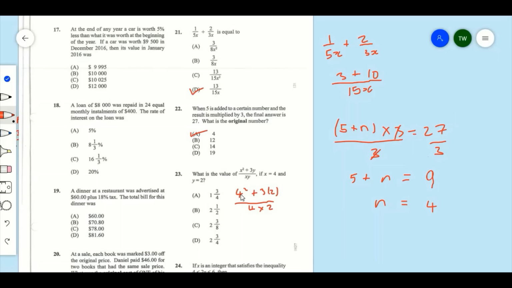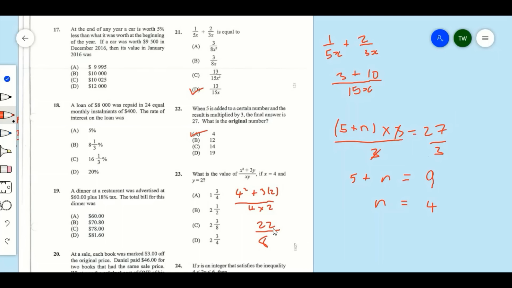Now 4 squared here is going to give us 16, and 3 times 2, that's going to give us 6, and 16 plus 6, that's going to give us 22, all over 4 times 2, that's going to give us 8, right?